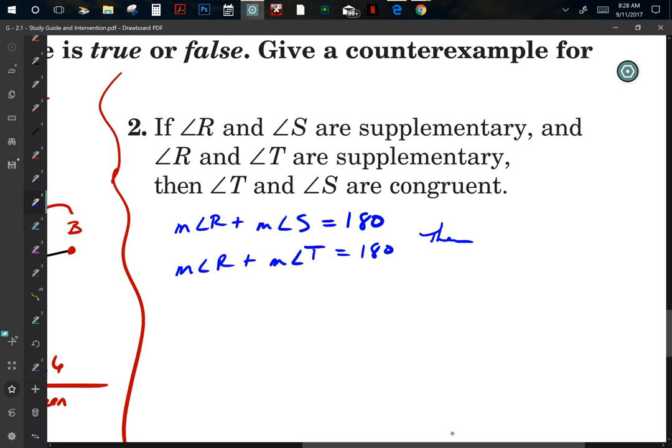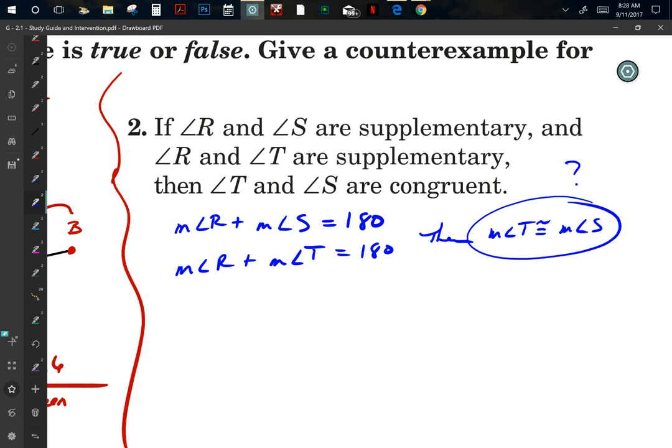Then the measure of angle T and the measure of angle S are congruent. Is this always true or not? What do you think?